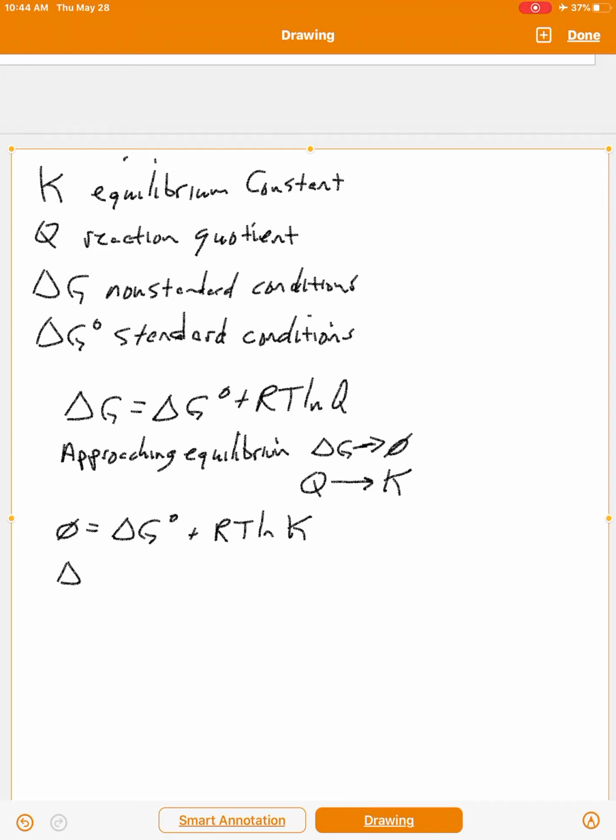So now we would have that delta G naught is equal to minus RT ln K. This now gives us an interesting relationship. It relates the standard free energy change for a chemical reaction to the value of the equilibrium constant. It gives us a powerful method for converting between the two.